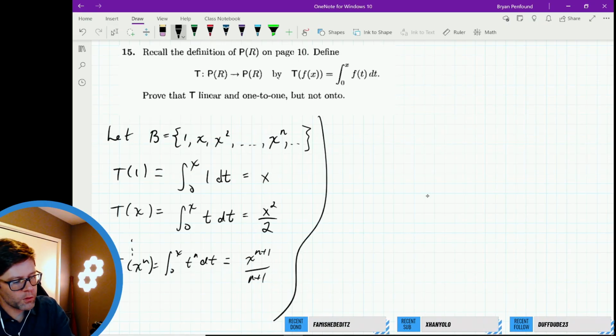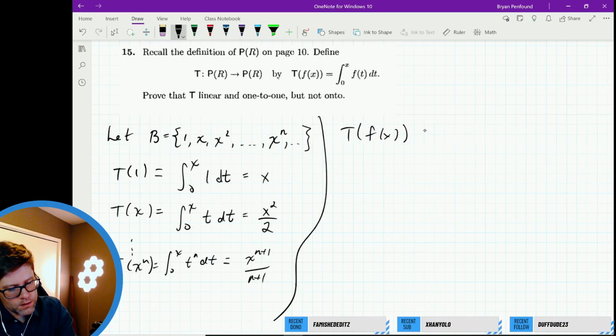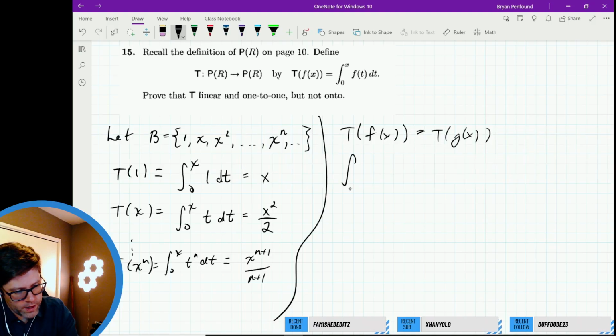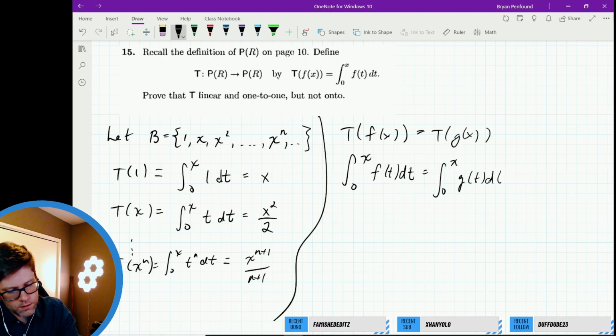Okay, so that's kind of rough work. For one-to-oneness, we really just need that T of some polynomial equal to T of some other polynomial would imply that f and g are the same. So in this case, the integral from 0 to x of f(t) dt should be equal to the integral from 0 to x of g(t) dt.